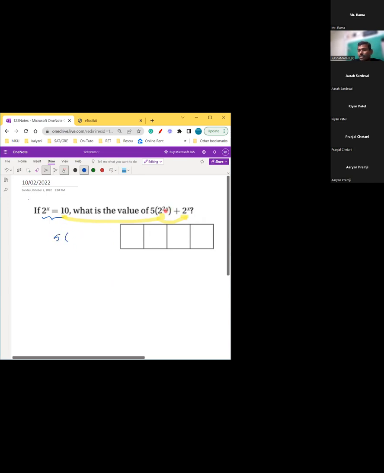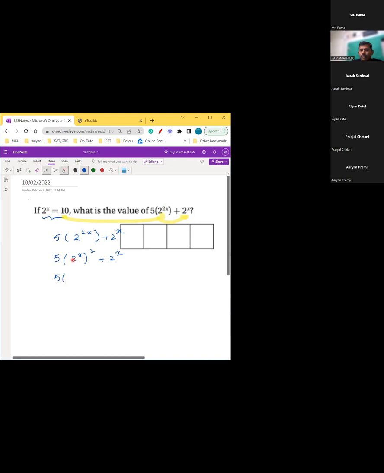Once I do that, it's 5 times 2 to the x, but again, this is not 2 to the x, it's 2 to the 2x. That is really important, you need to be very careful with this. So I'm going to write down a couple of steps for you to understand, and then I can tell you a faster way of doing this. Since I have 2 to the x, this one is 2 to the x to the second exponent, plus 2 to the x.